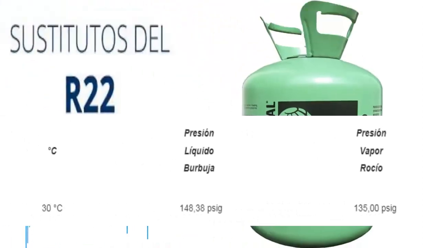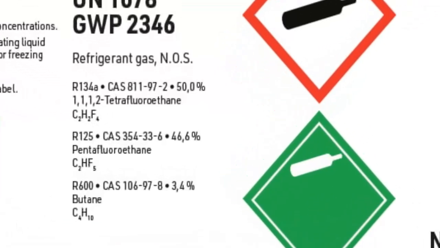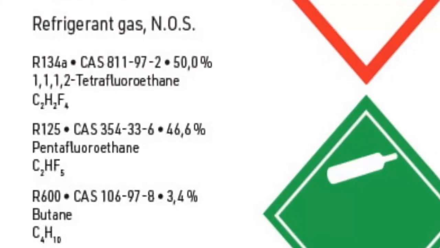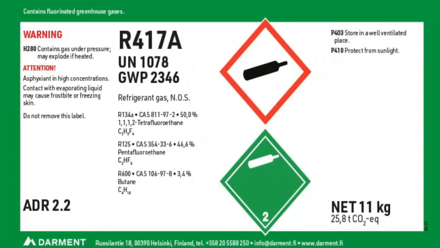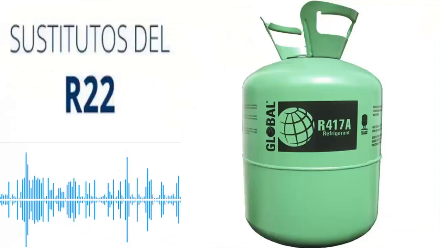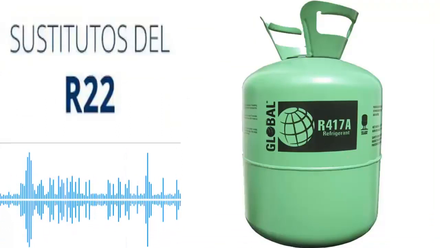The R-417A refrigerant is a refrigerant made with the mixture of three gases: R-125 at 46.6%, R-134A at 50%, and R-600 at 3.4%. The main advantage of the R-417A refrigerant, according to its components, is that it allows working with systems with any type of oil.